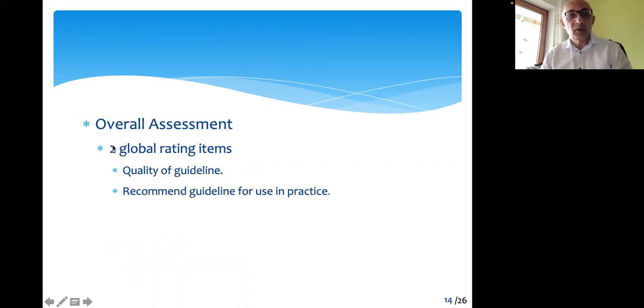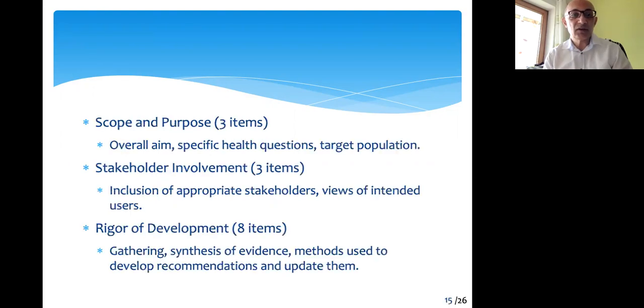Furthermore, beyond that, we have 2 global rating items. Beyond these 6 domains, we have the quality of the guideline, and recommend the guideline for use in practice. So these are also checked and graded using the AGREE instrument.